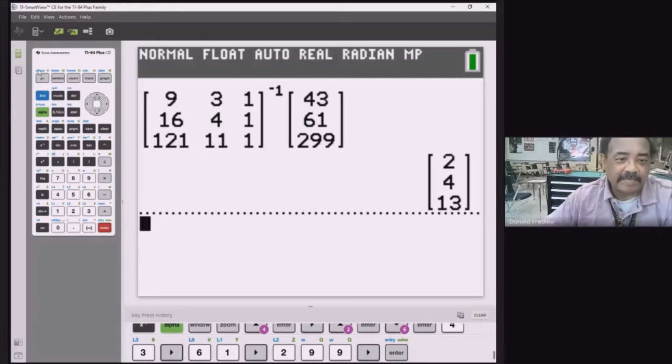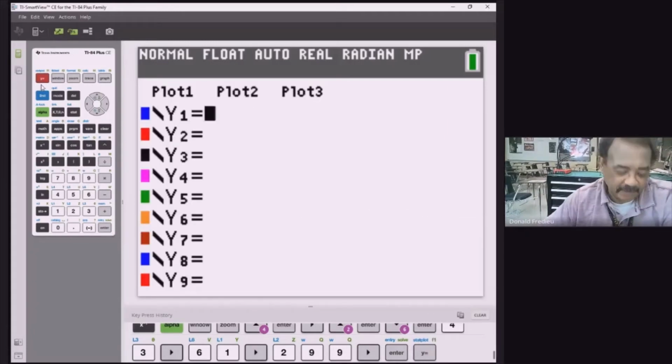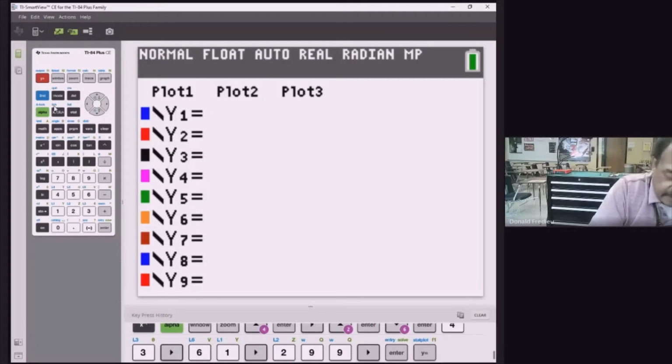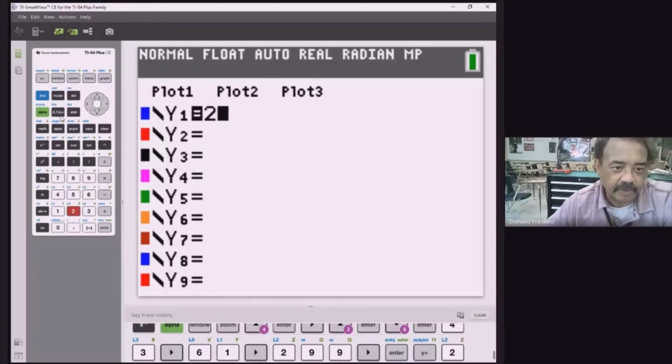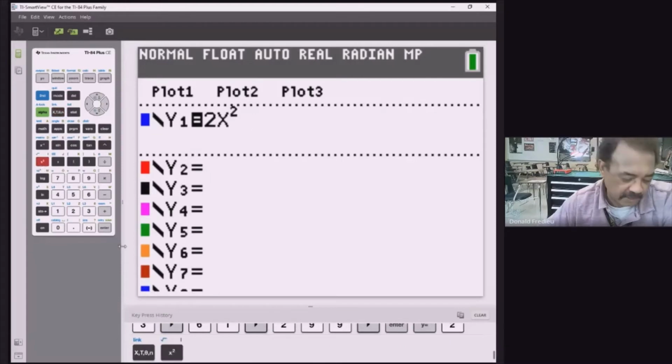So now I'm going to go to y equals and put that equation in. It's going to be y equals 2x squared plus 4x plus 13. So I'll put in 2x squared plus 4x plus 13.